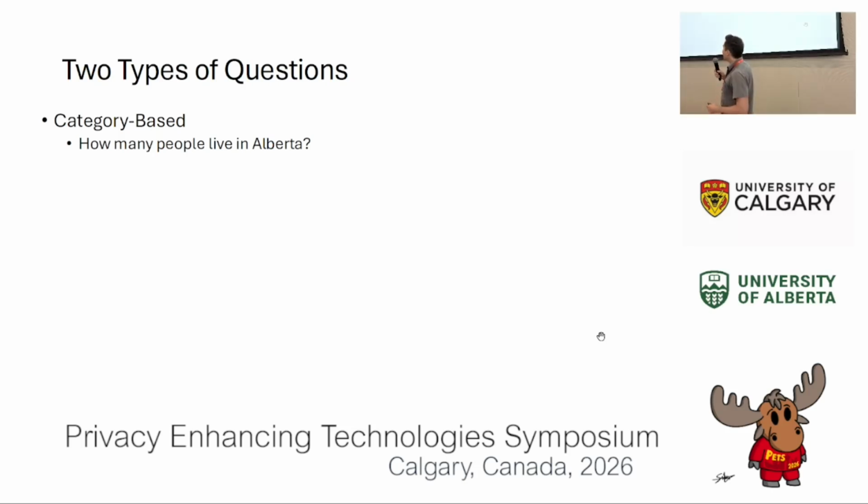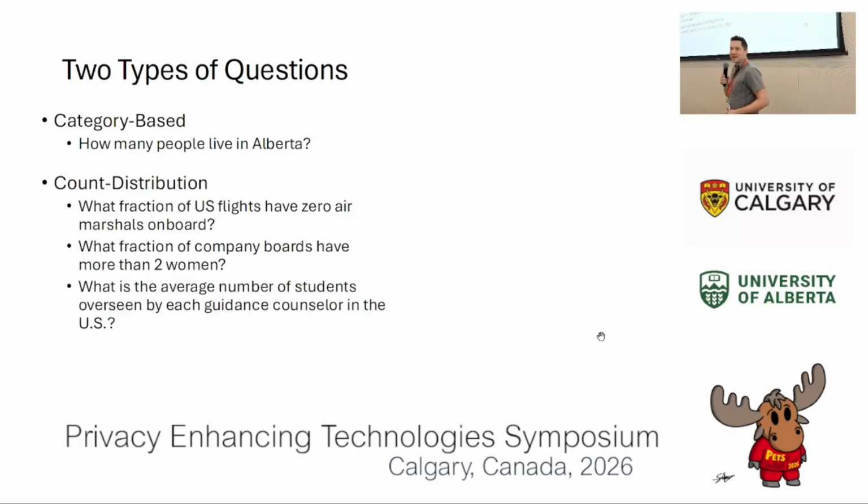The first type is something called a category-based question. So how many people live in Alberta? This is a question that uses the name of at least one category, and really you have to perform a lookup using this name. But there's actually other types of questions out there, and I have some examples here. By the way, these are examples that my co-author and I found by Googling different research papers.